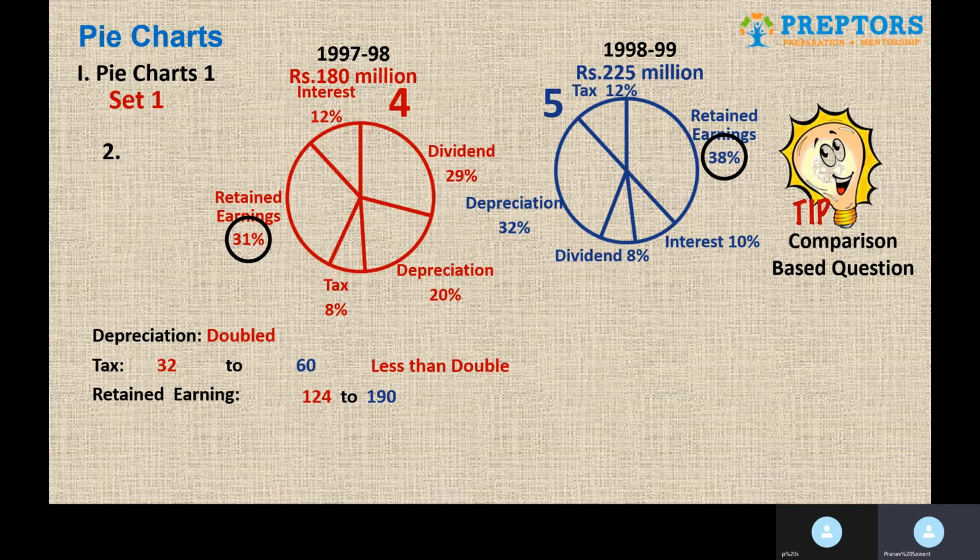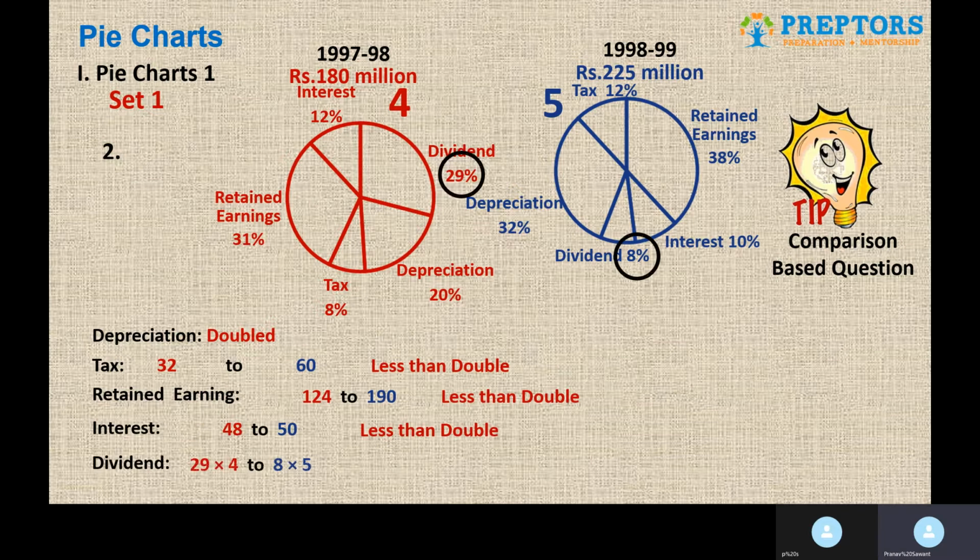Retained earnings, it's again less than double. Interest, it's again less than double. Dividend, it has decreased.